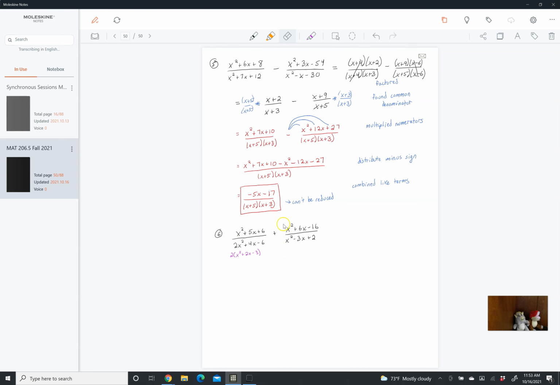the quadratic. So look for something that every term has in common. In these other three, there's nothing that every term has in common. So what does this equal? Well, when we factor, we get x plus 3 times x plus 2 over 2, and then x squared plus 2x minus 3 factors to x plus 3 times x minus 1.